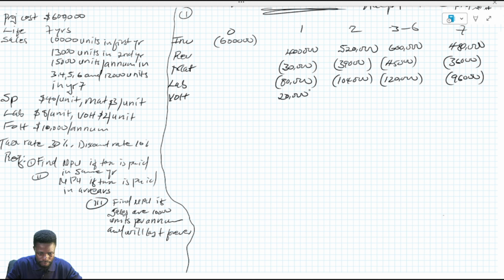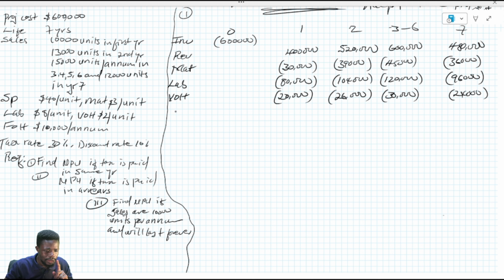Year 1 you get 20,000. Year 2 you will get 26,000. Year 3 to year 6 you get $30,000. And year 7 you get $24,000.